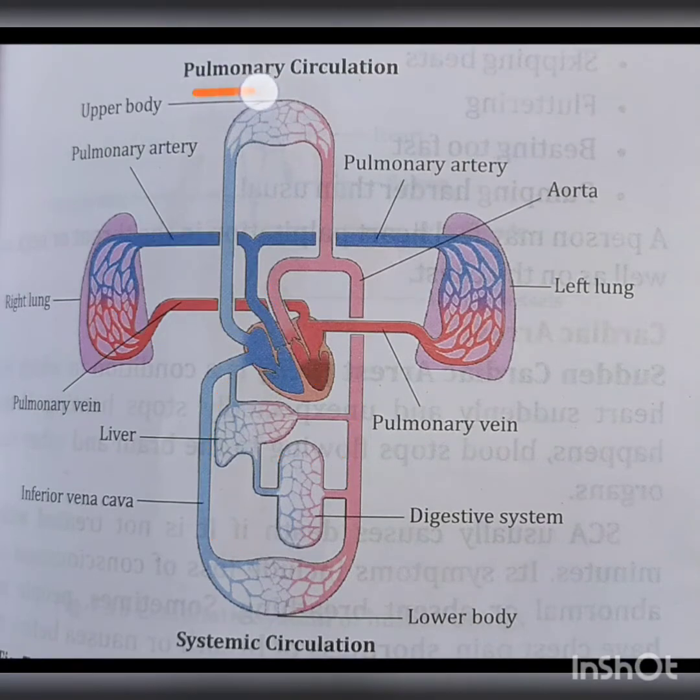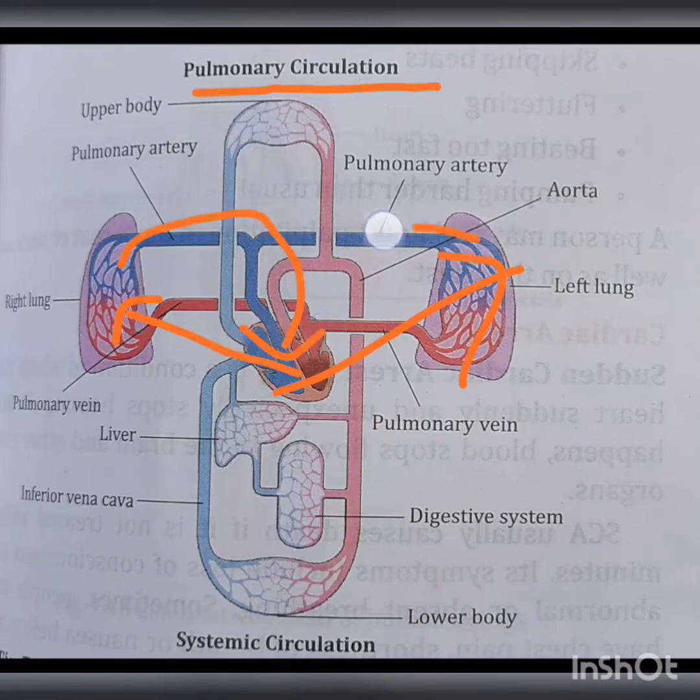The pulmonary circulation includes the movement of the deoxygenated blood from the heart towards the lungs and return of the oxygenated blood from the lungs back to the heart.